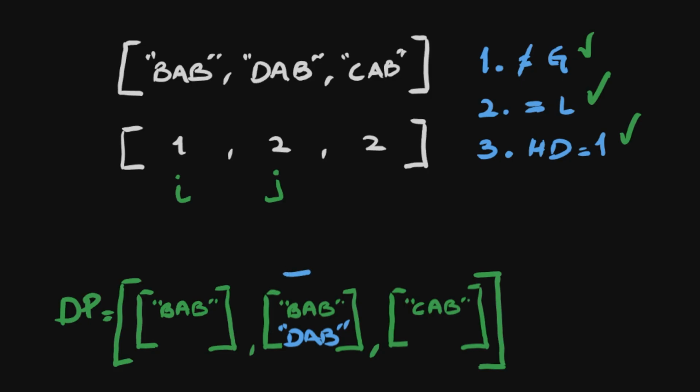So now dp at j equals this array, and each time we are updating i up to j, so in this case we need to update j one step to the right.